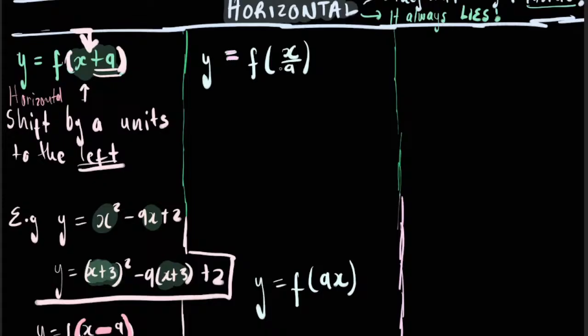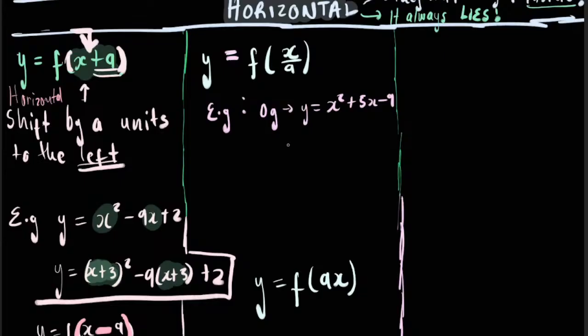Y is f of x over a. What is this? I want you to say horizontal stretch. For example, let's say the original was y equal to x squared plus 5x minus 9.